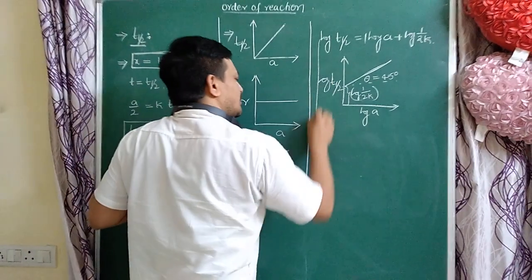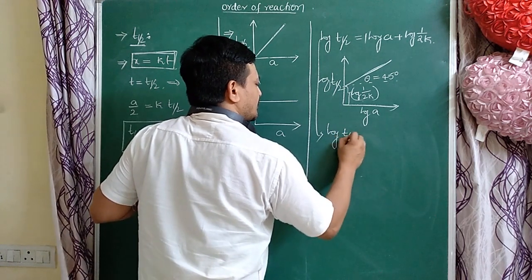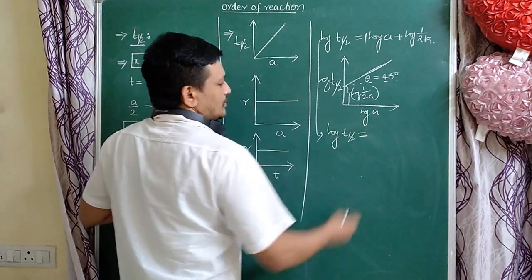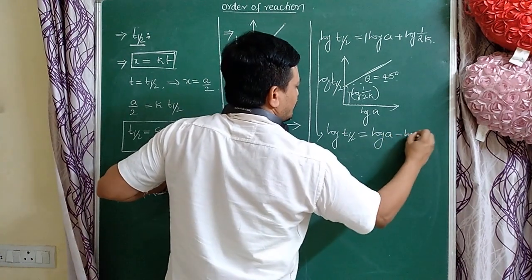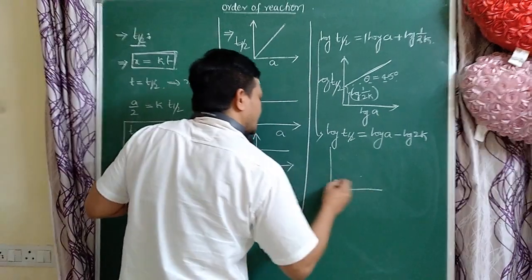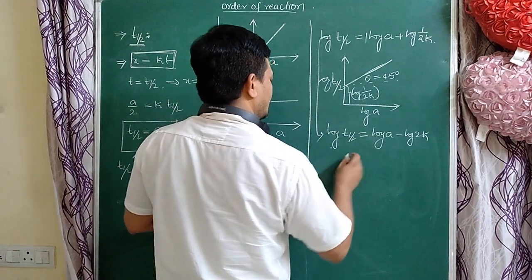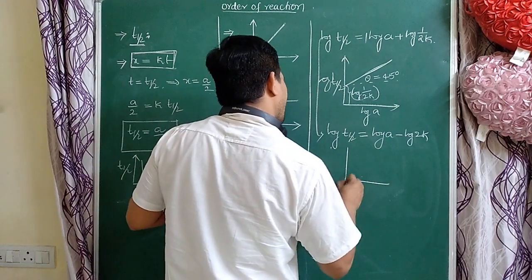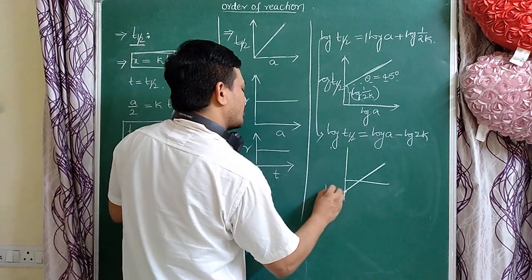So this formula also takes different forms. Log t-half equals log a minus log 2k. So here, negative intercept. This form has a negative intercept, and the intercept is log 2k.